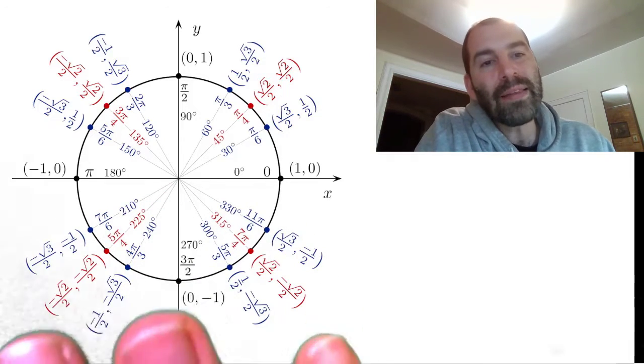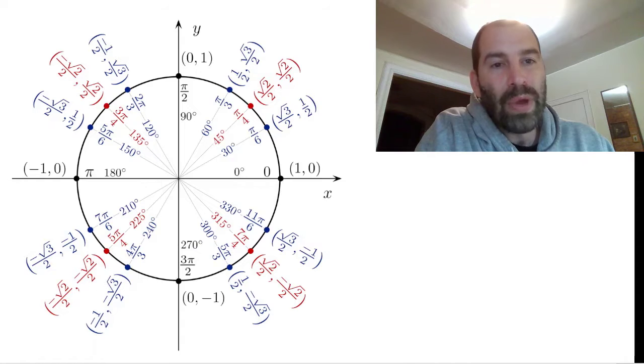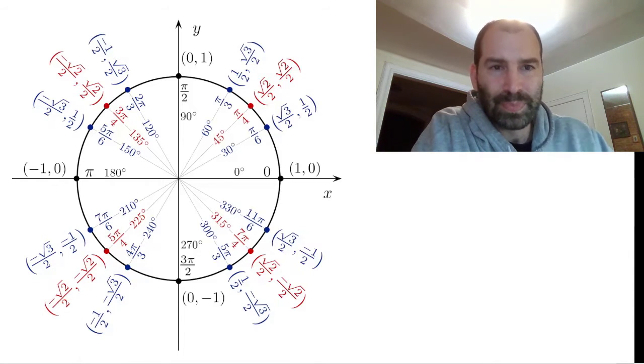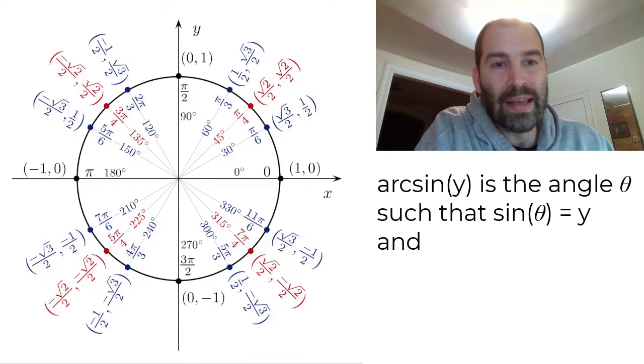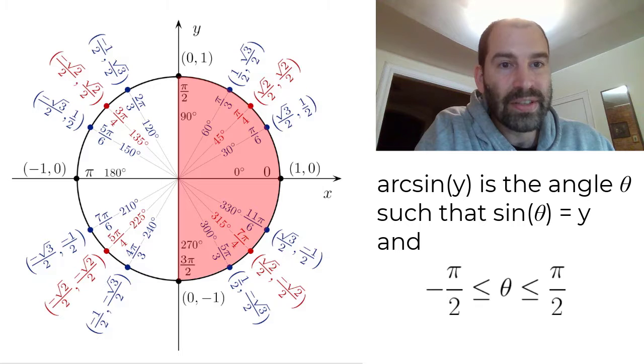So when we define the inverse trig functions, we have to stipulate which of those angles we want to be our answer. And the way we stipulate it is as follows. For the inverse sine function, we're only going to take the angle that's between negative pi over 2 radians and positive pi over 2 radians.